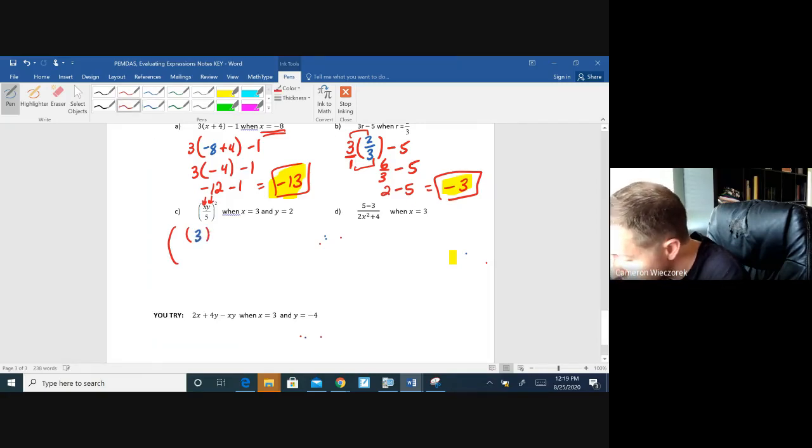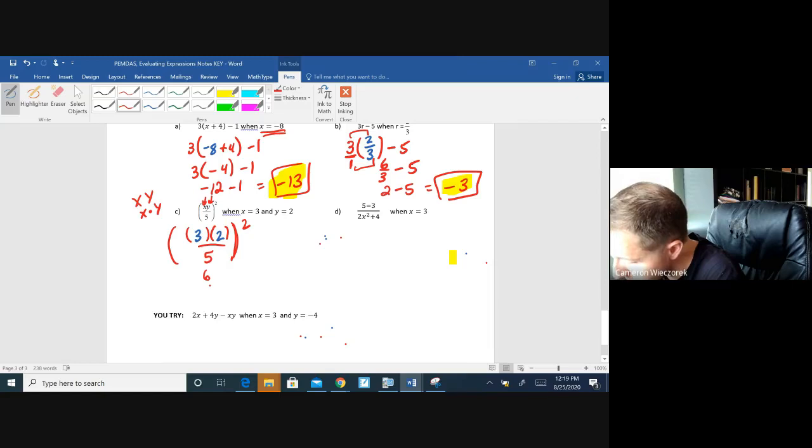And then since they're glued together, xy means x times y. So I'm going to substitute in 2 for y, divided by 5, big parenthesis, squared. Inside the parenthesis, I have to do P first. So 3 times 2 would be 6.